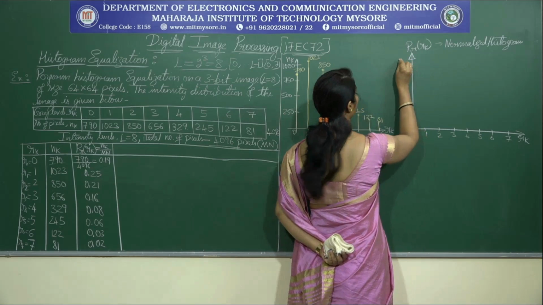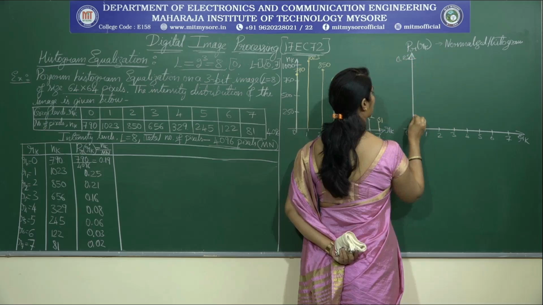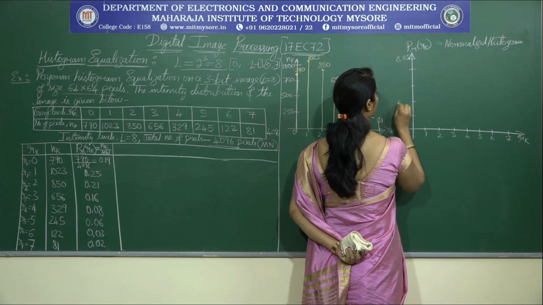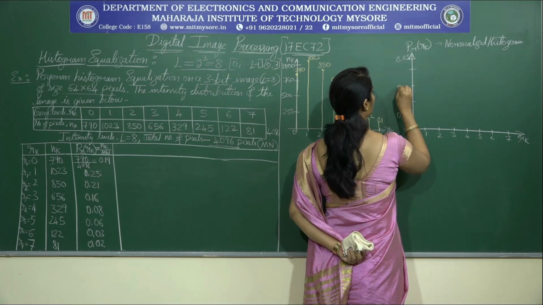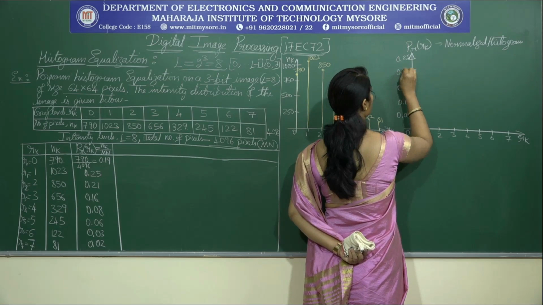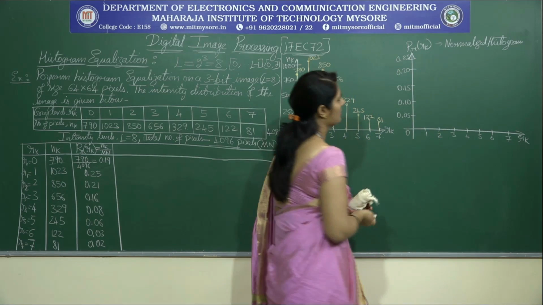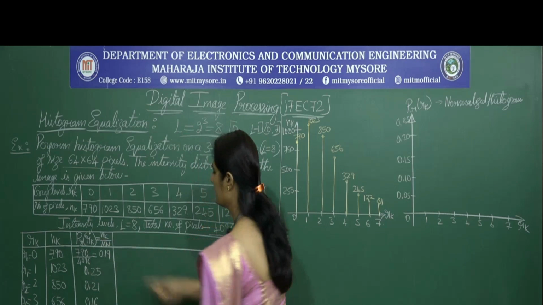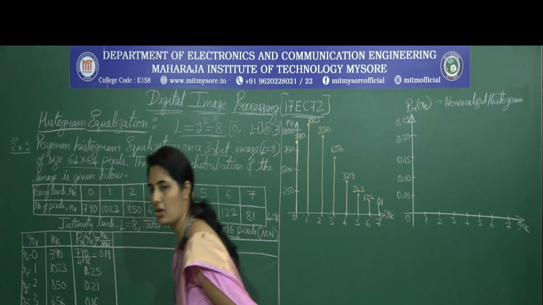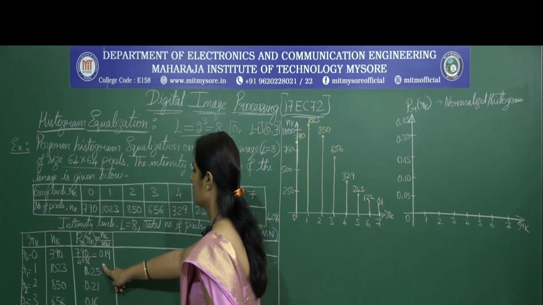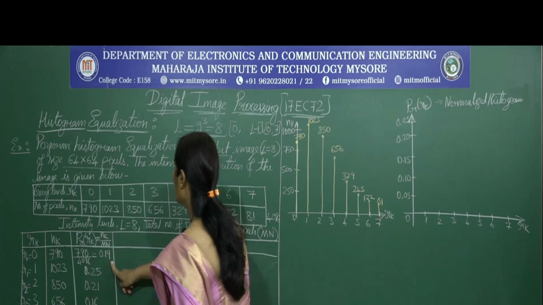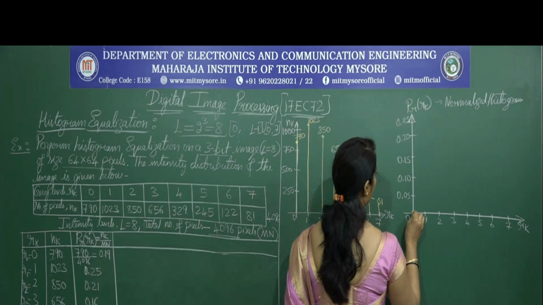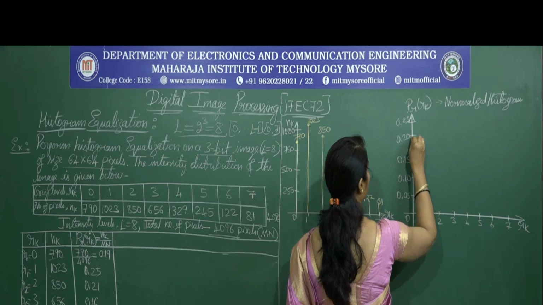The maximum value is 0.25, with the axis marked 0.05, 0.10, 0.15, 0.20, 0.25. Here we plot the pr(rk) column versus the rk column. So pr(rk) is 0.19 when rk is equal to 0.